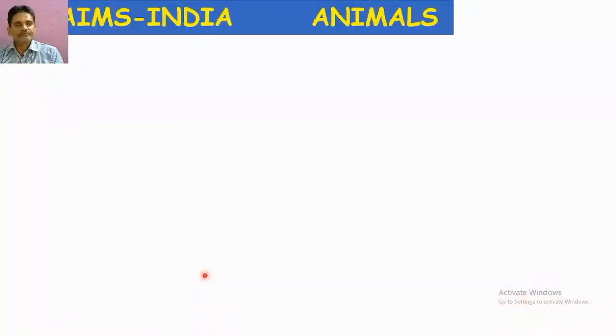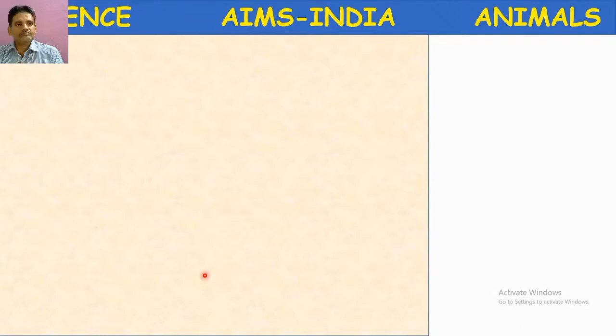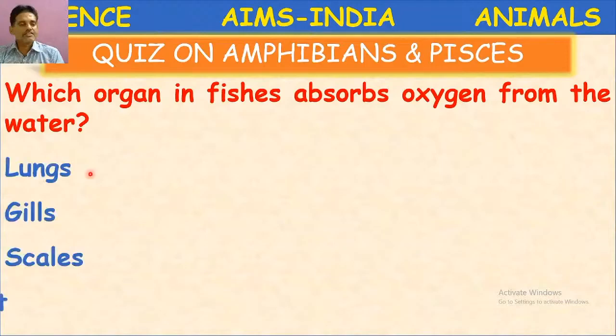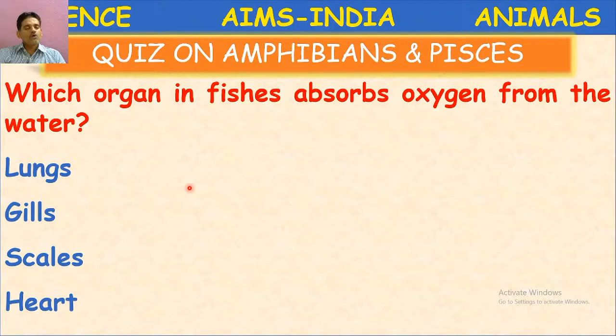Next, which organ in fishes absorbs oxygen from the water? Lungs, gills, scales, heart. So among these, the two options you can find in the fish are gills and scales.